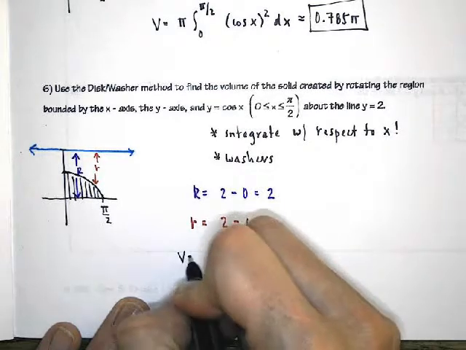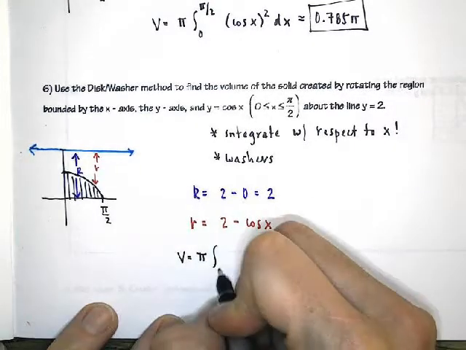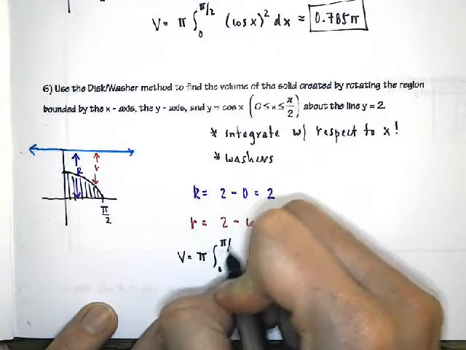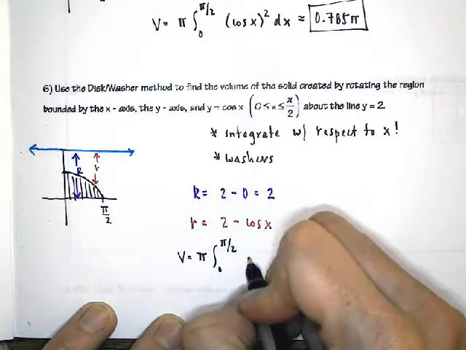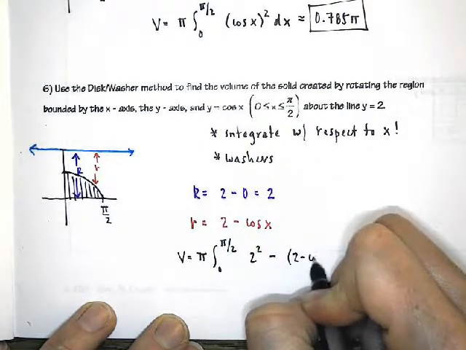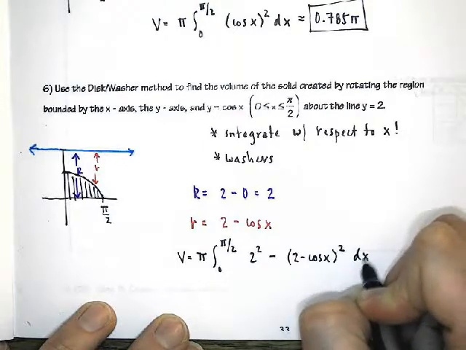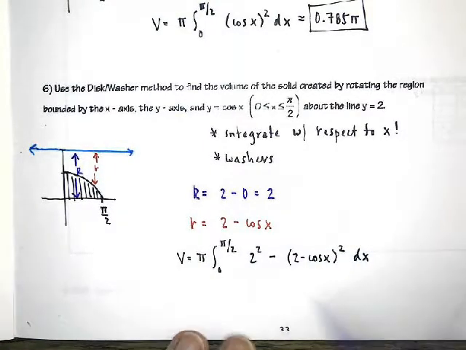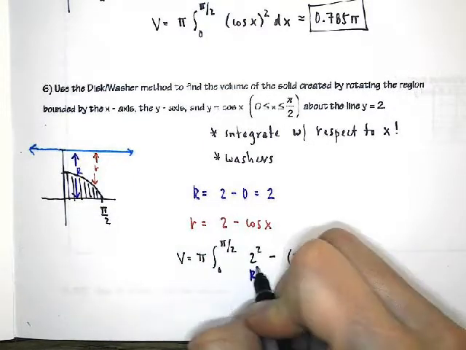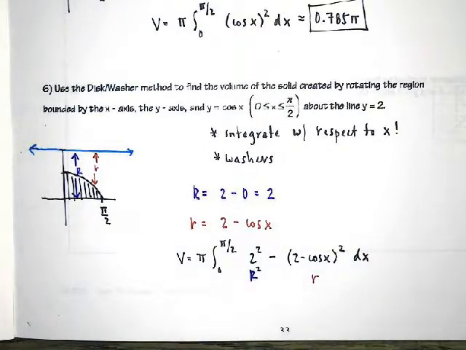So now to find the volume, we're going to do pi times the integral from 0 to pi over 2 of 2 squared minus 2 minus cosine of x, quantity squared, dx. And again, this 2 is just our big R squared. And then 2 minus cosine x is our little r squared.